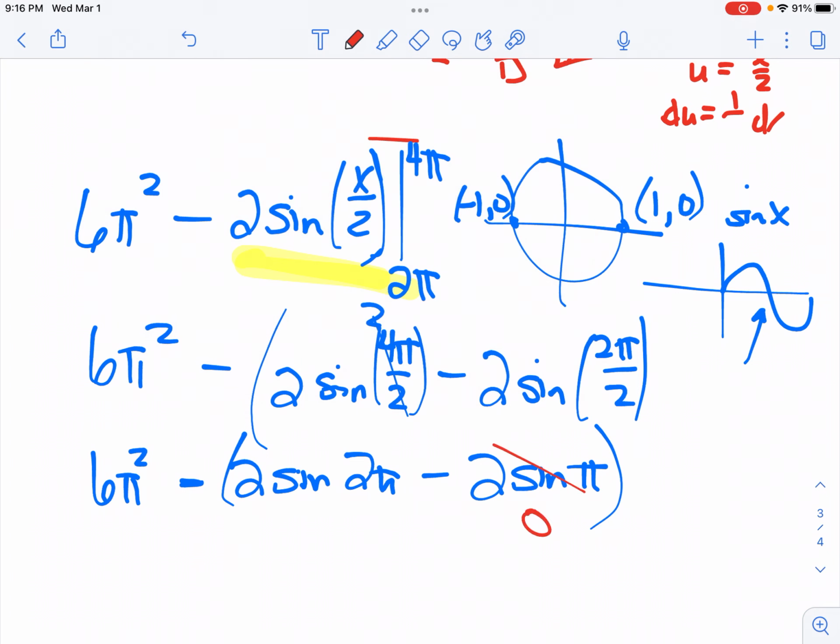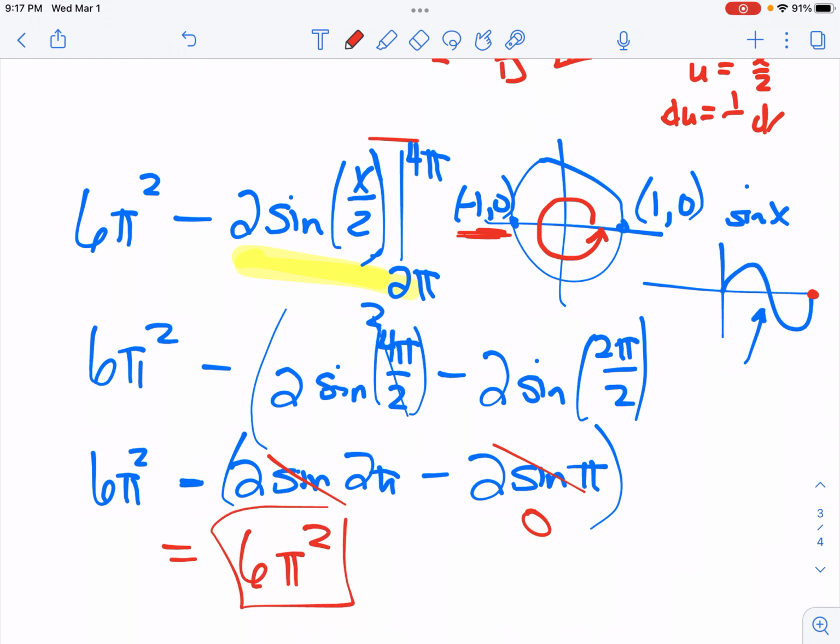So 2 sine of pi is 0. The sine of 2 pi is also 0, since 2 pi is one time around the unit circle, or at the very end of the first period of an unchanged sine curve. Our answer: 6 pi squared.